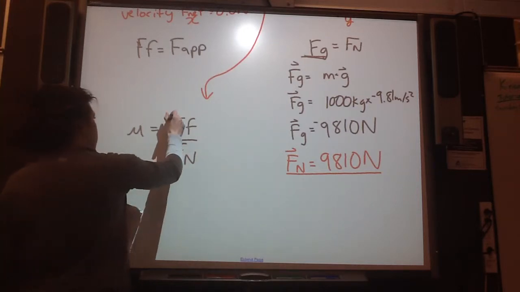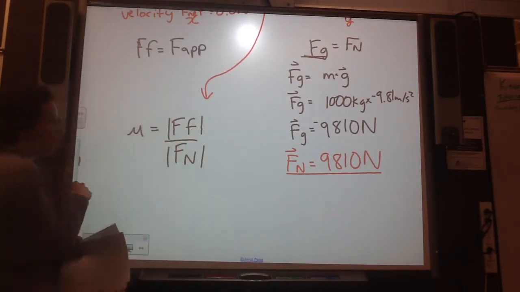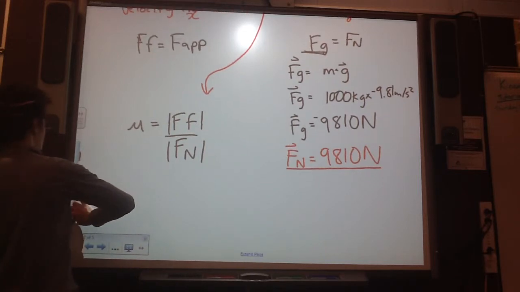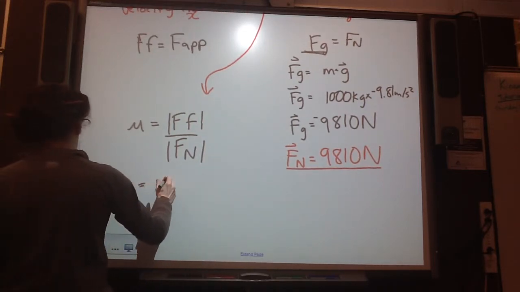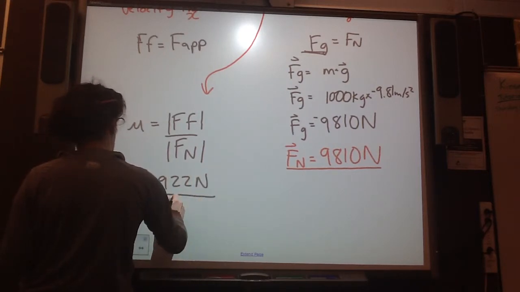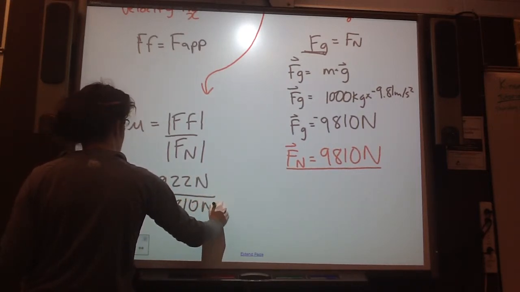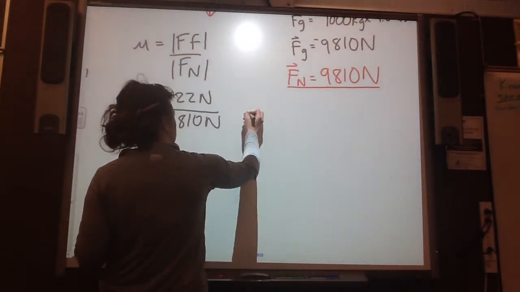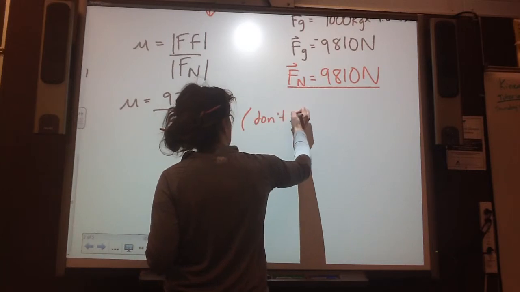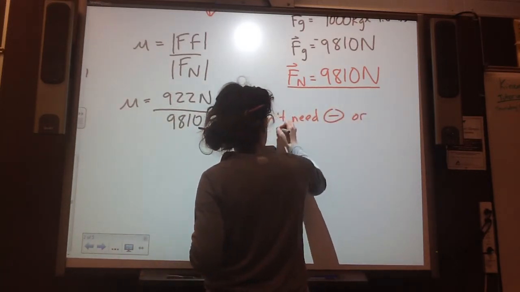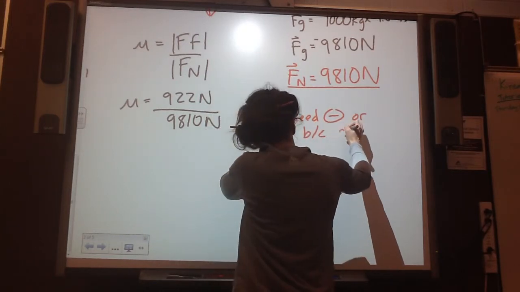So, thank you. So because these are absolute values, we don't need to worry about our negatives and our positives. Is that right, math people? Okay, thank you. So, mu is equal to 922 newtons divided by 9,810 newtons. So don't need negative or positive because absolute.